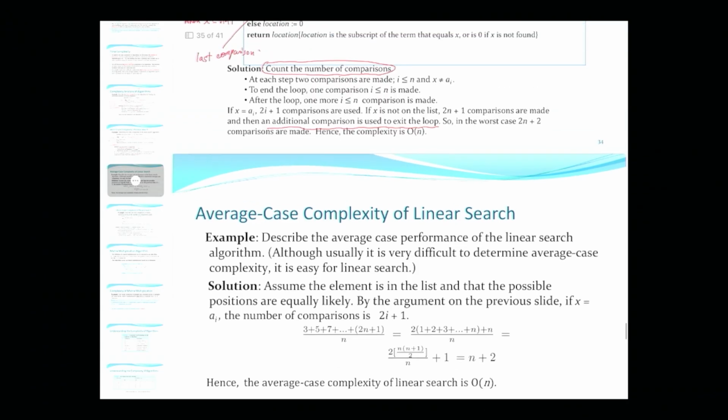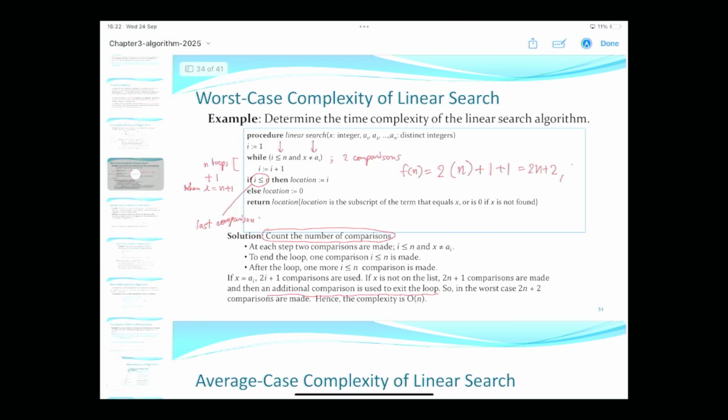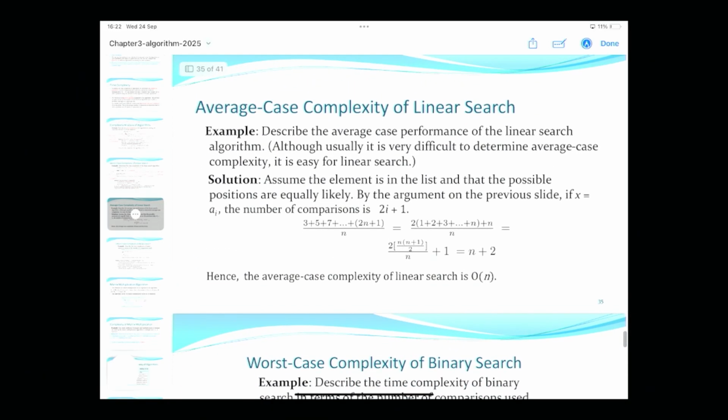The number of comparisons for any i would be 2i plus 1. So when i is 1, we get 3, and so on for 1, 2, 3, up to n. Find the average of the function here. There are n cases. The average is still O of n.